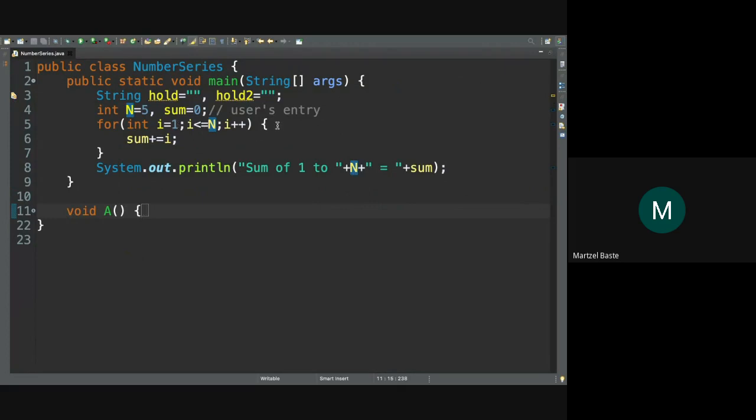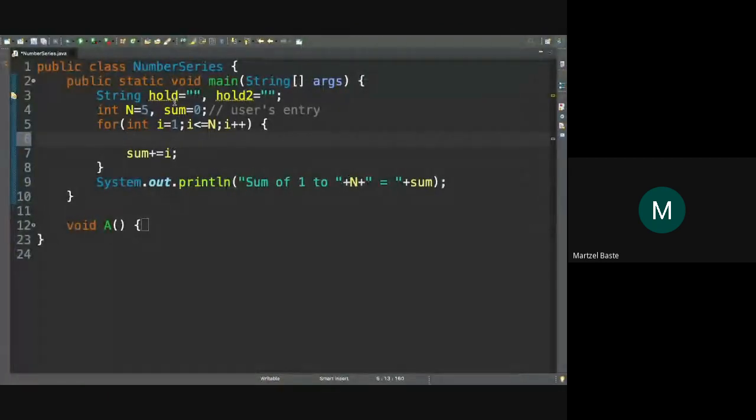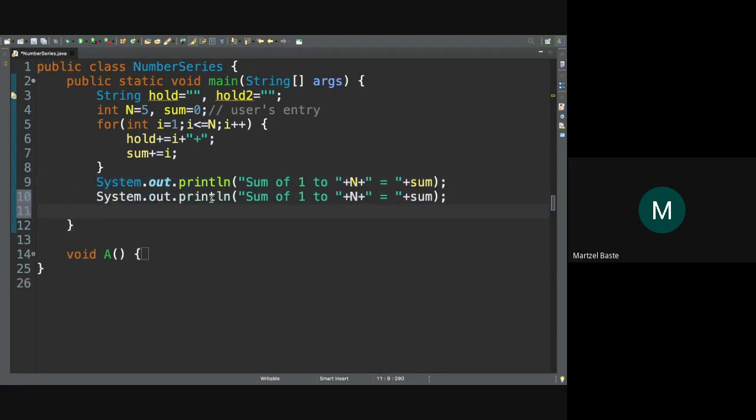If you want to see the series, like 1 plus 2 plus 3 plus 4 plus 5, you can use a string. To get the number series, you will need to do this: i plus, then hold plus equals to sum.